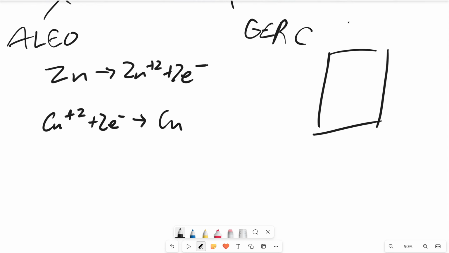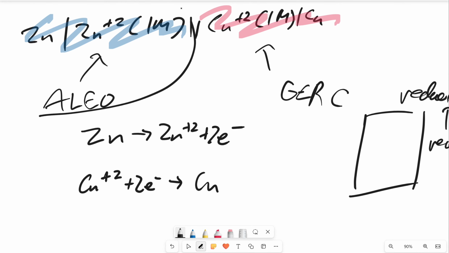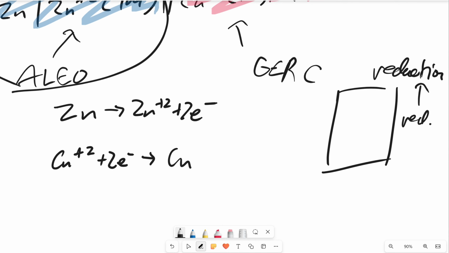And then we have to look up our reduction potentials table, right? Do remember that it says reduction potential, so it's going to be reducing. Whichever one's being oxidized, in this case our zinc, its reduction potential is going to have to be flipped.